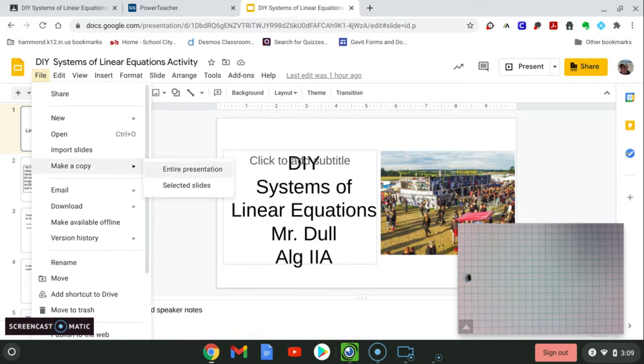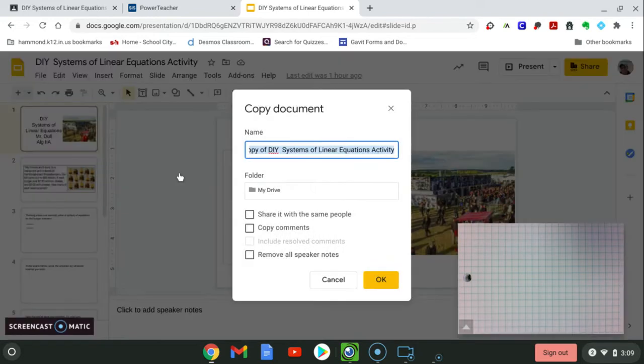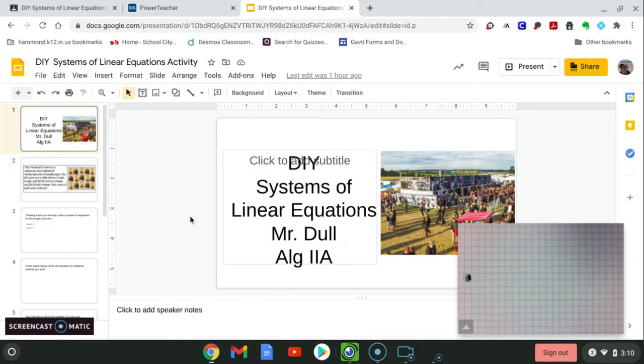A dialog box is going to pop up, and it's going to allow you to rename this. All I want you to do is click here, back out of "copy of," and type your name in there, right? Then click OK. That'll save your copy in your drive, and then you'll be able to edit it.